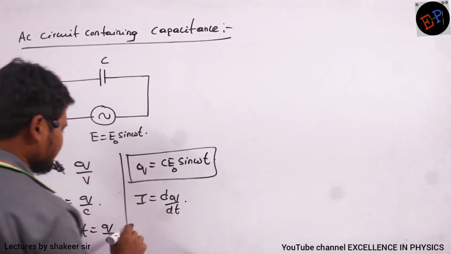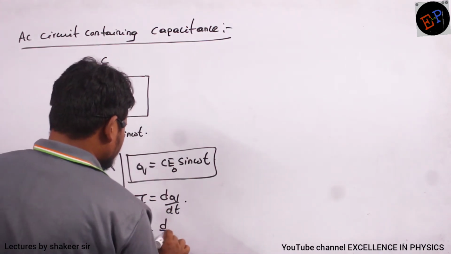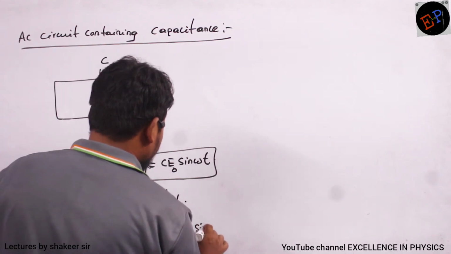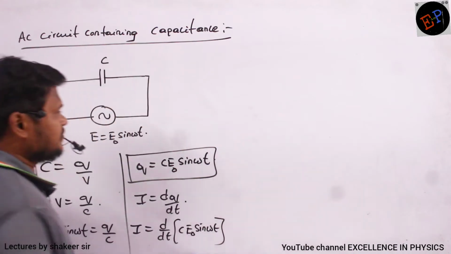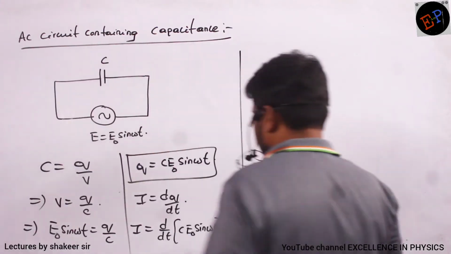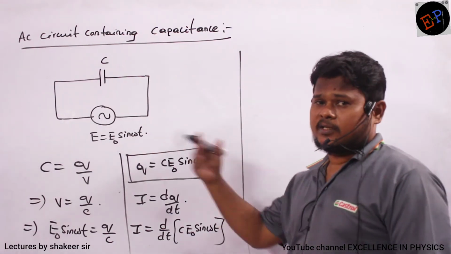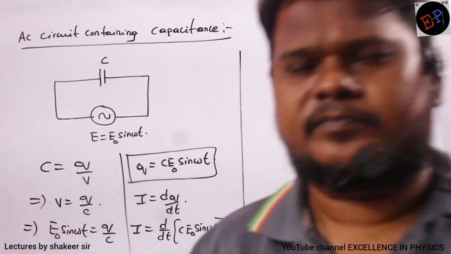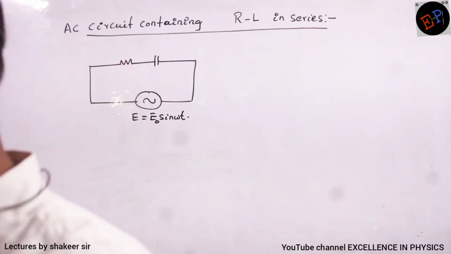So I is equal to d by dt of C E naught sin omega t. That's it, differentiate it. In the inductor we integrated, no? Now here we are differentiating.